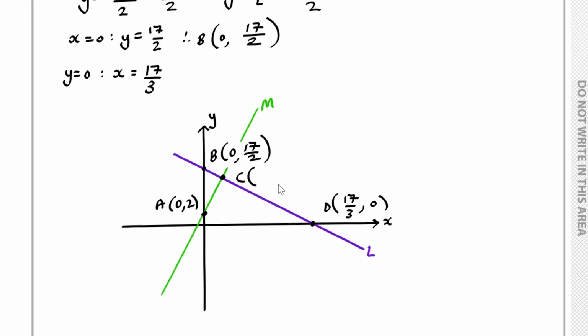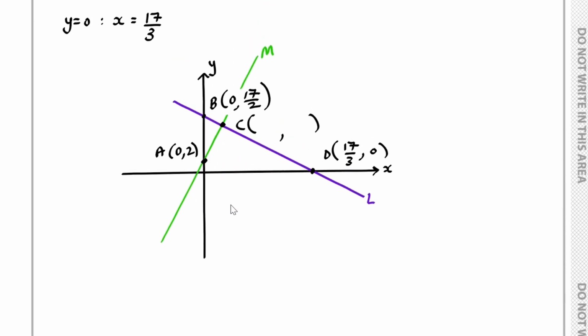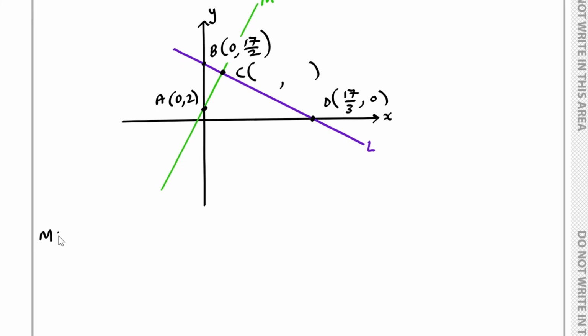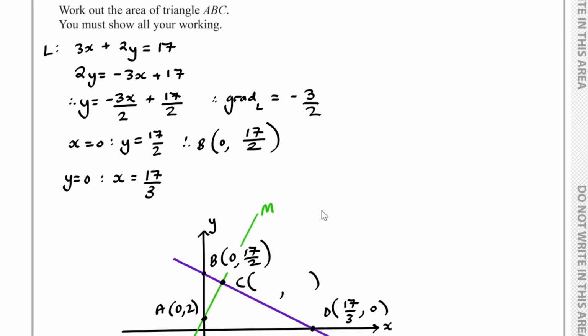Okay, so we can find out the coordinates of C, and we need to figure out the area of this triangle here. Okay, so to find out what the gradient of M is, we can use the fact that they are perpendicular to each other. So the gradient of M is going to equal the negative reciprocal of the gradient of L. So we have minus 1 over the gradient of L, which we said was minus 3 over 2.